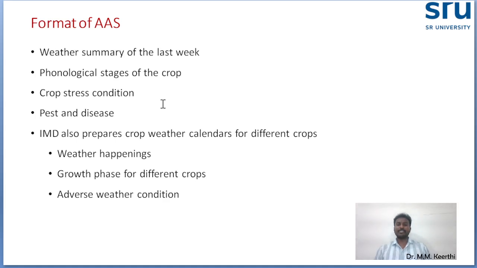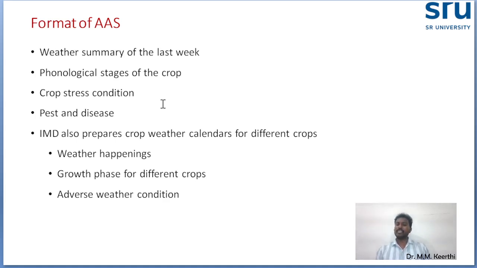All the crops will not be the same. For example, in one area there will be pulses such as black gram, in another area pearl millet, in another chili. So different crops have different phenological stages, and different pests may occur. Every stage-wise detail will be there.